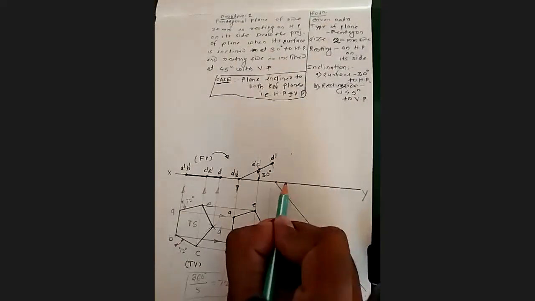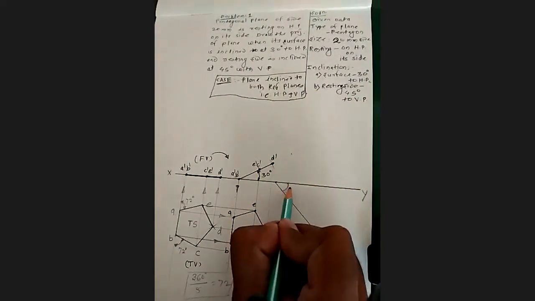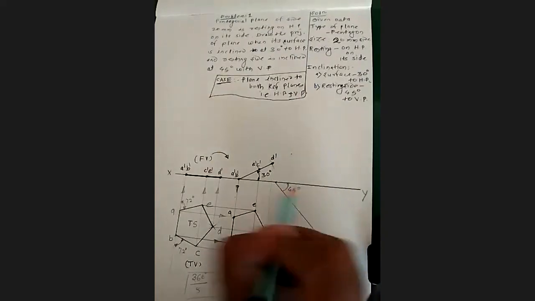We'll draw a line of 45 degrees. This angle is 45 degrees.